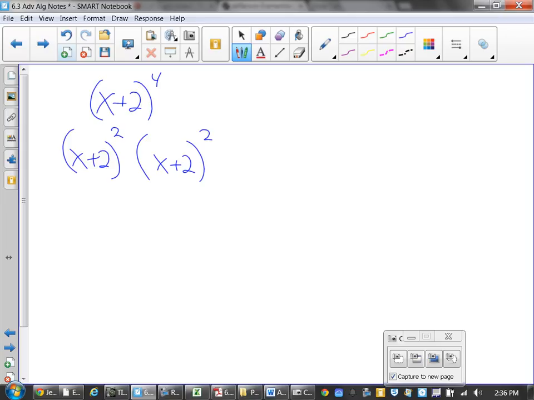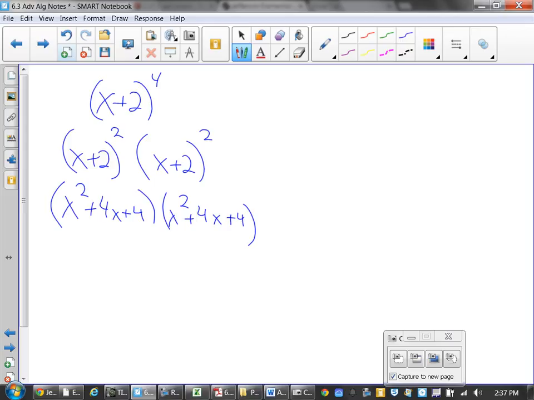Wouldn't I just write it as x squared plus 4x plus 4, times x squared plus 4x plus 4, and then just FOIL it, or distribute it from there? If you knew the binomial expansion theorem, I'd say go for it, because it's really not that difficult to use. It just looks really bad. But yeah, I would just break it into something like that.